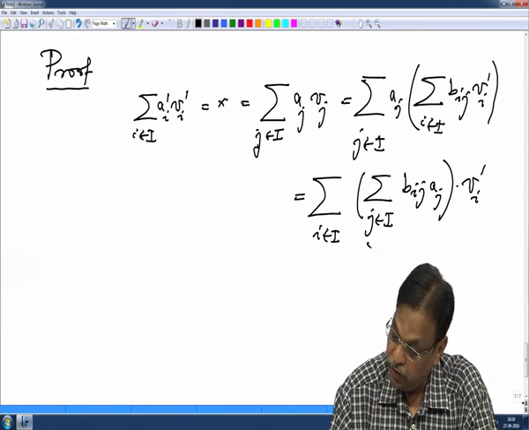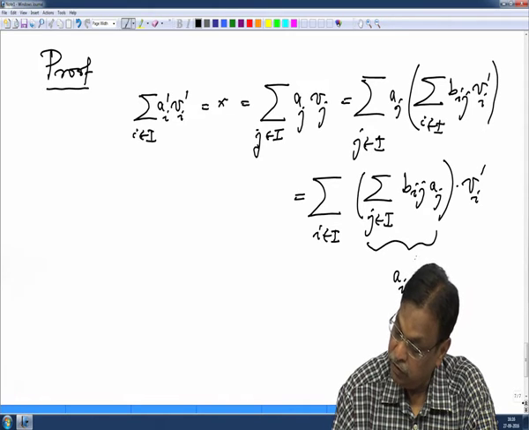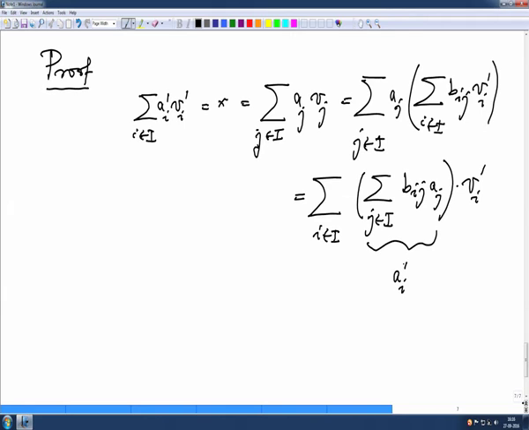Therefore, this vector is a_i, and this coefficient of v_i prime is a_i prime. That is precisely the ith row of the matrix B multiplied by the column a_j.